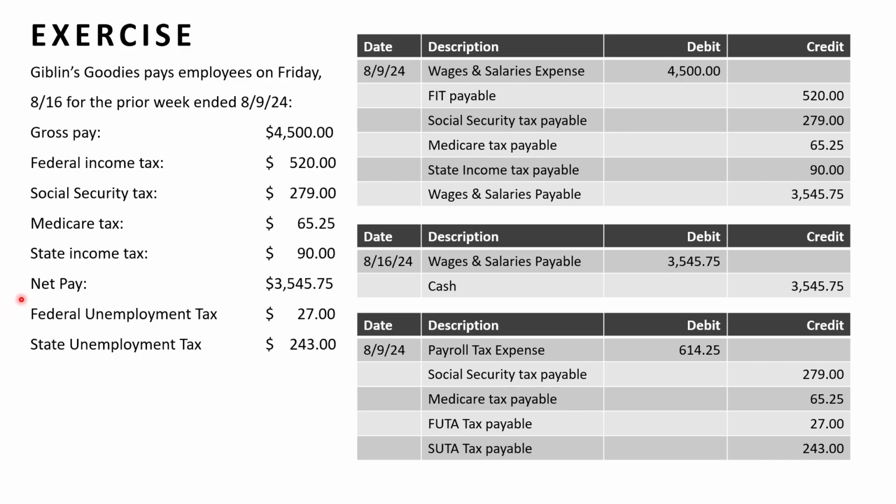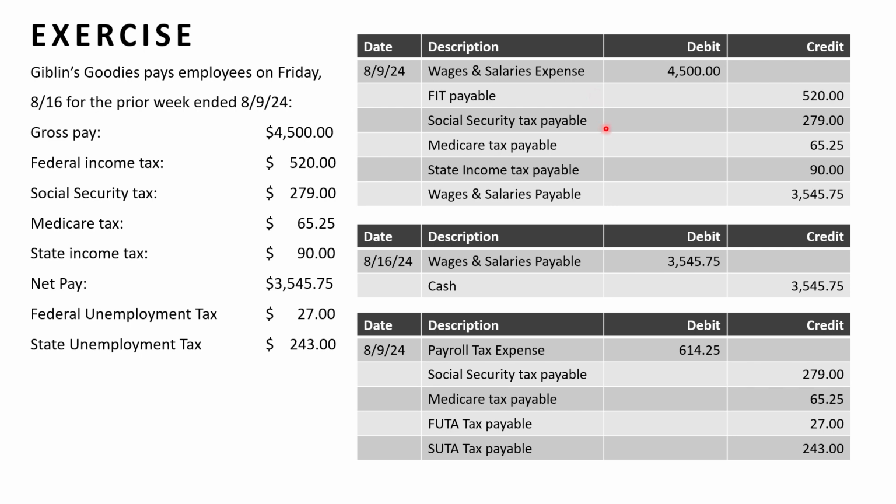In addition, we see the FUTA tax and SUTA taxes. We start with the first entry on 8/9/24 and record the payroll register amounts with a debit to salary and wage expense for $4,500, and we credit federal income tax payable for the federal income tax withheld of $520.